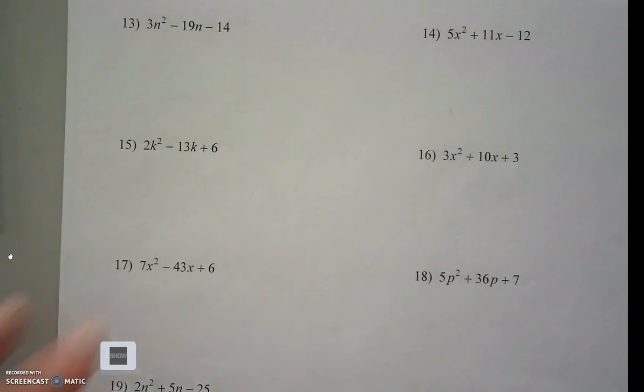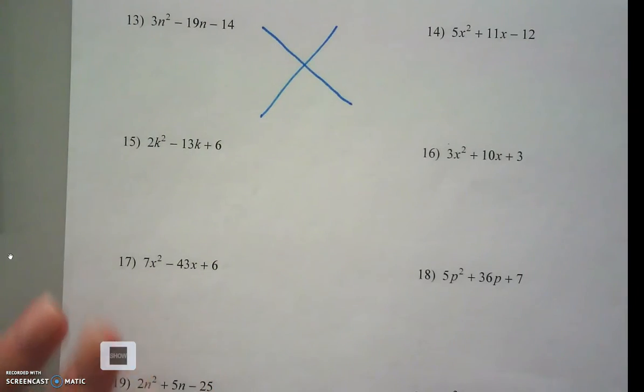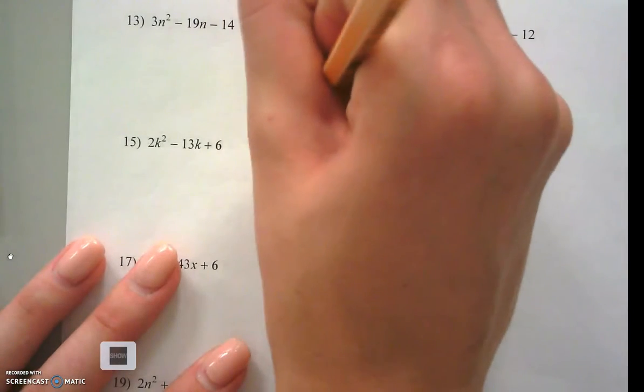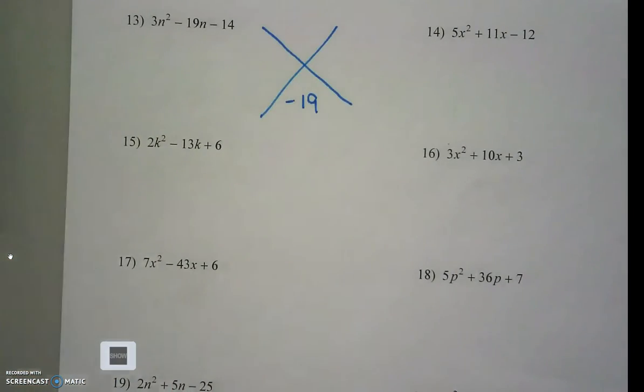So I'm going to start with my x. A times c goes on top. If you know what 14 times 3 is off the top of your head, you can write it. But let me grab a calculator. All right, this is going to be a negative 42.